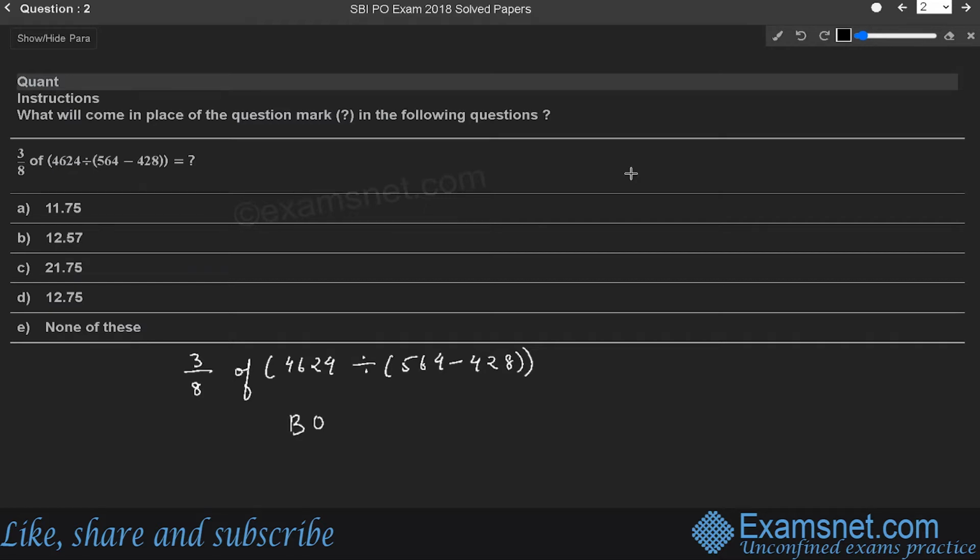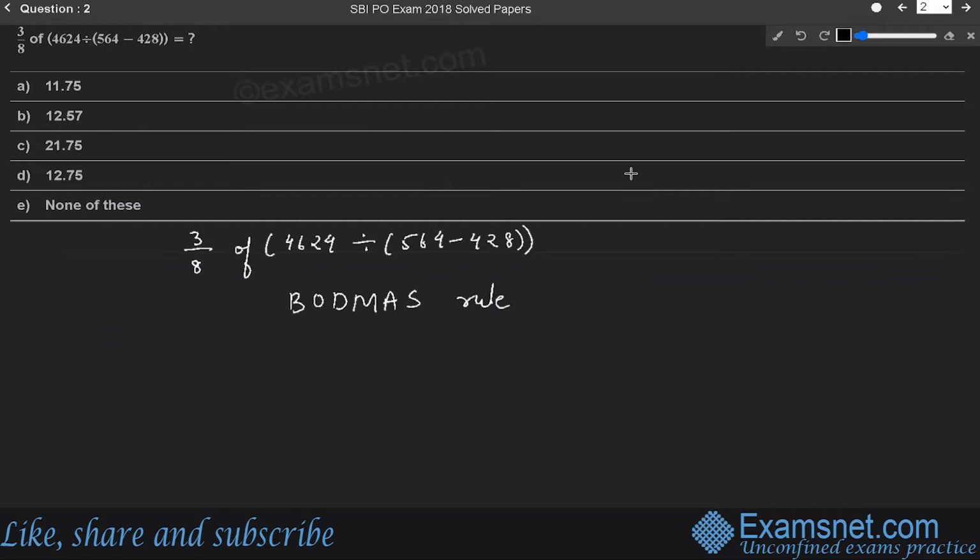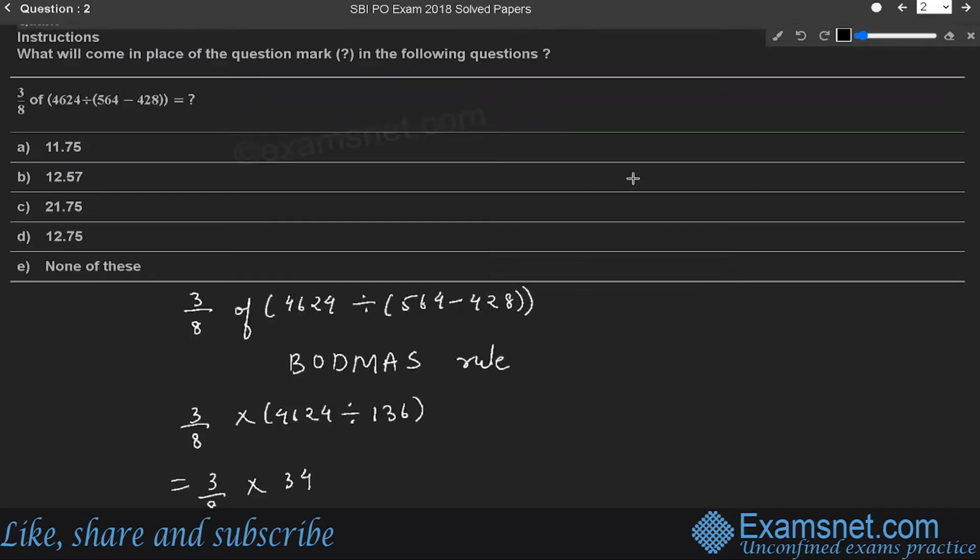So by using the BODMAS rule, it will be 3 by 8 into 4624 divided by 564 minus 428 is 136. So it will be 3 by 8 into 34, which will be equal to 12.75. Therefore, the correct option for this question is option D, which is 12.75.